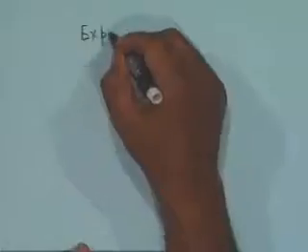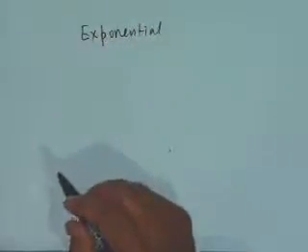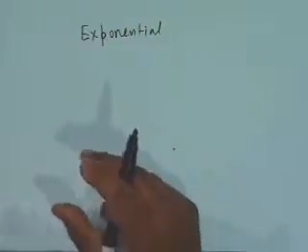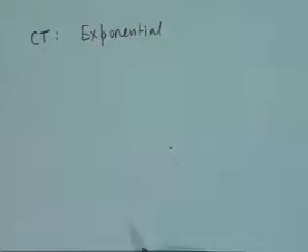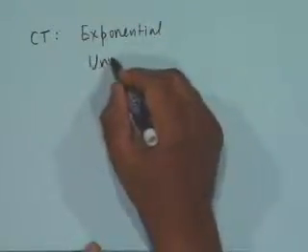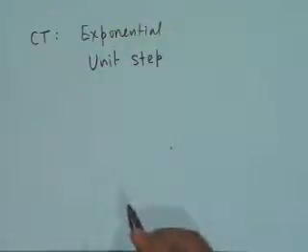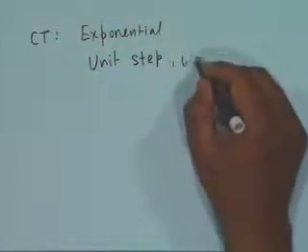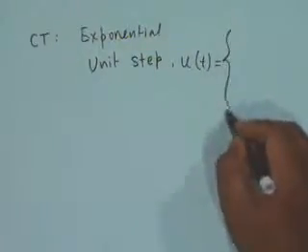Exponential signal is one of the elementary signals, that is one of the basic signals, and we are considering the continuous time domain. Two other basic signals which are of importance are the so-called unit step, which is denoted by u of t and defined like this.